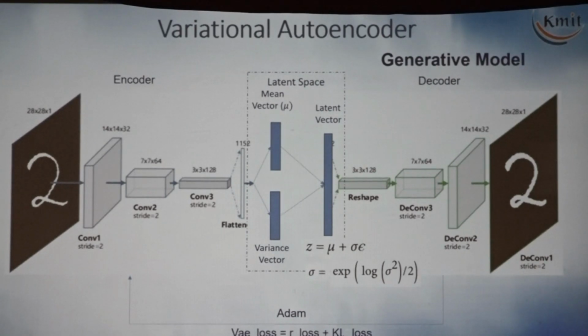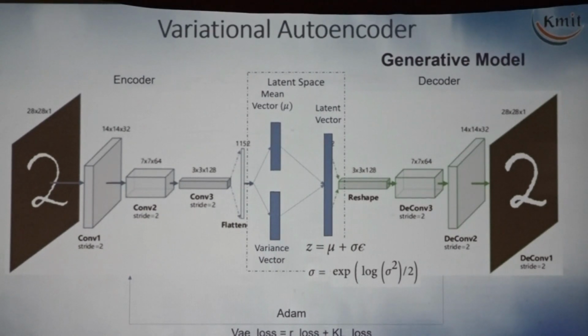Most of the machine learning algorithms are discriminative. And generative, we have seen that: autoencoders, variational autoencoders, right? And now I want to combine these two. Both are powerful.